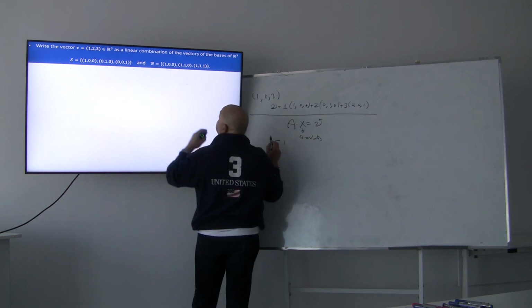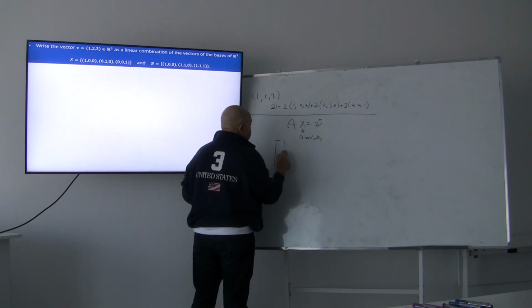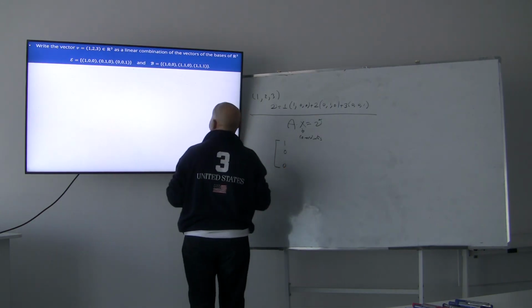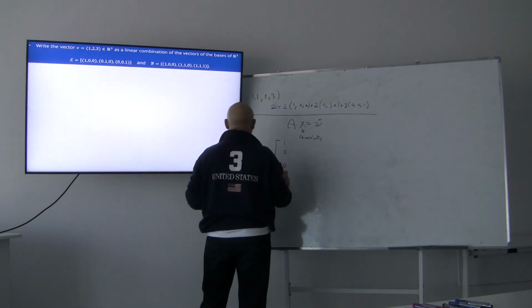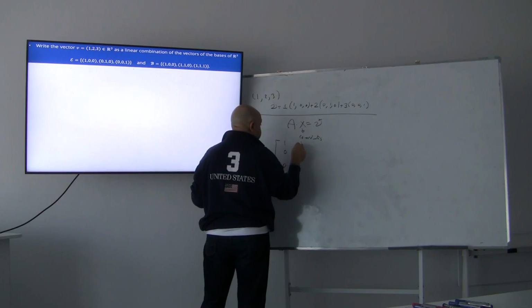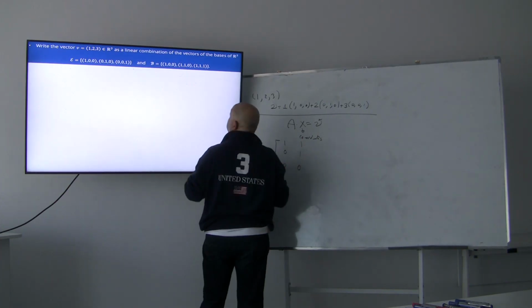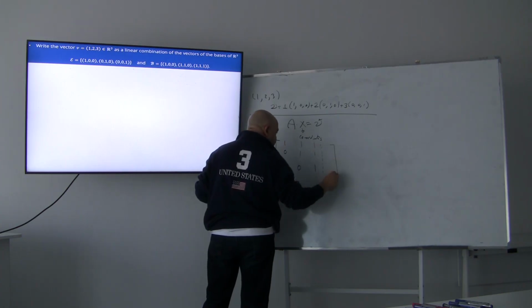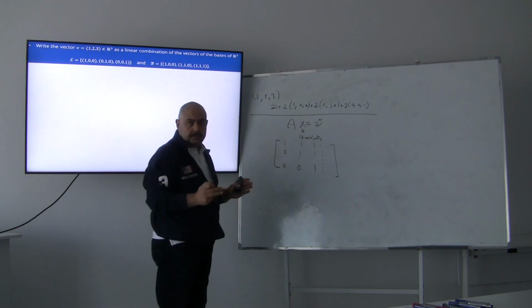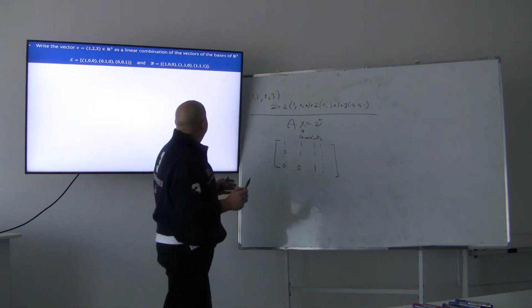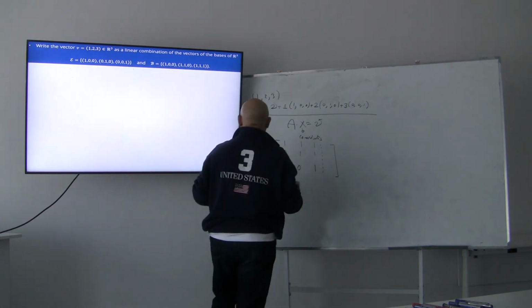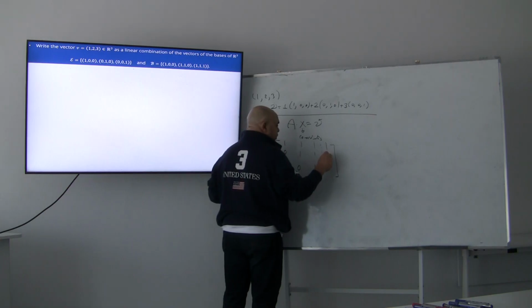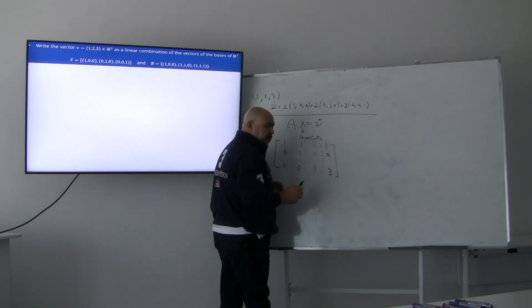I will take the first vector in this basis beta, which is 1, 0, 0. The second vector is 1, 1, 0. The third one is 1, 1, 1, and then I will insert them in this augmented matrix with the result of the vector that I want to find its coordinates.